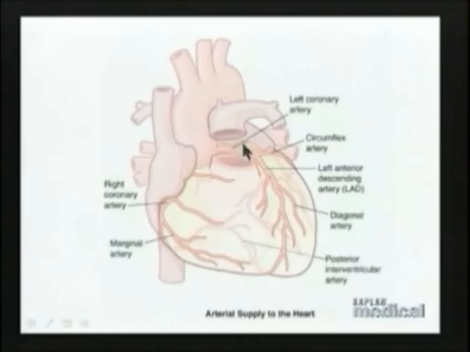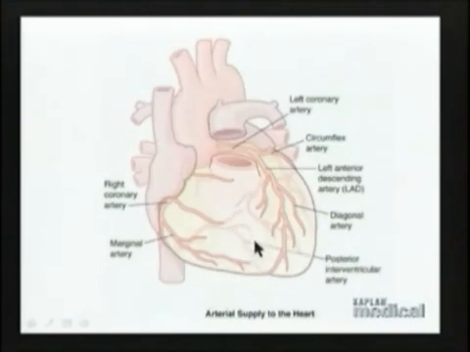The other branch of the left coronary is the anterior interventricular artery, also commonly called the left anterior descending artery. And since it's interventricular, it sits in the interventricular sulcus. That means it's between the right and left ventricles, so it supplies right and left ventricles. And the anterior interventricular, or LAD, is in the interventricular sulcus, which is the same place that the posterior interventricular is, and so they're coming toward each other end to end.